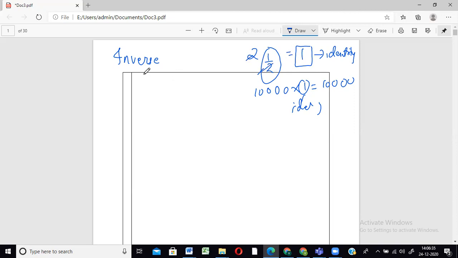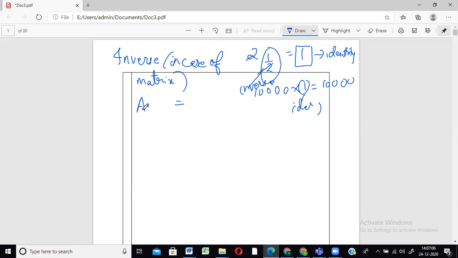Likewise, in case of matrices, in the case of numbers we can call half the inverse of 2. We multiply that number with some number so that we get identity. So this number is called the inverse of the number. Likewise we're going to do the same thing for matrices. Suppose I have a matrix A, and I don't know what its inverse is.